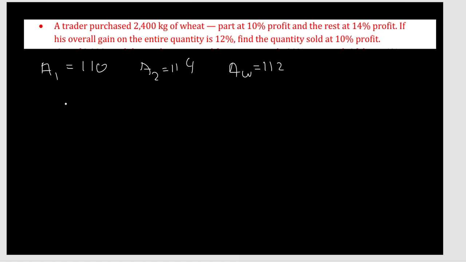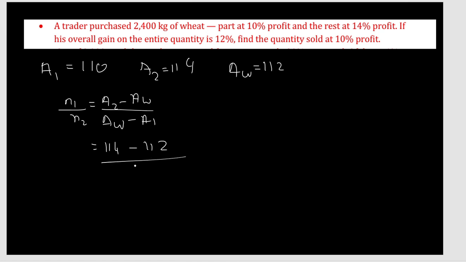Then we write the formula: N1 upon N2 is equal to A2 minus AW upon AW minus A1. This gives us A2, which is 114, minus AW, which is 112, over AW, which is 112, minus 110, which is A1.